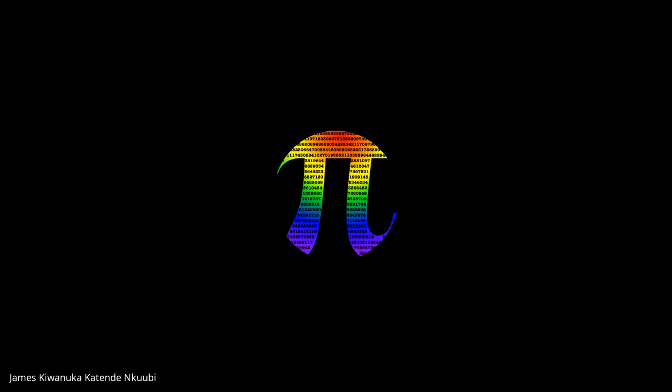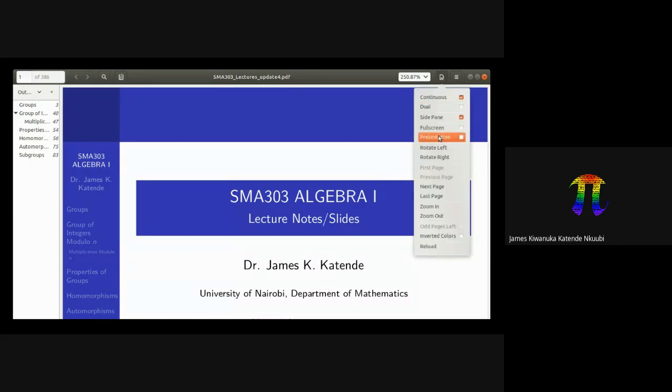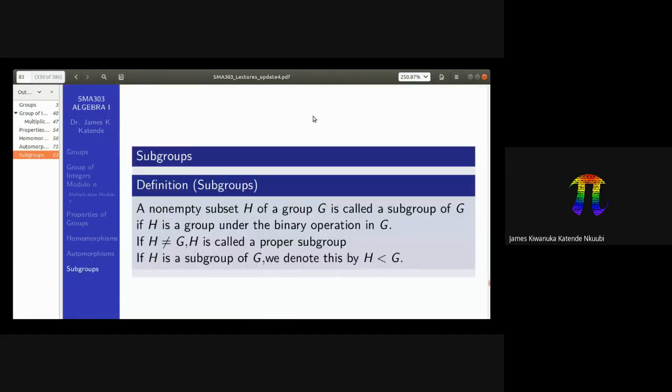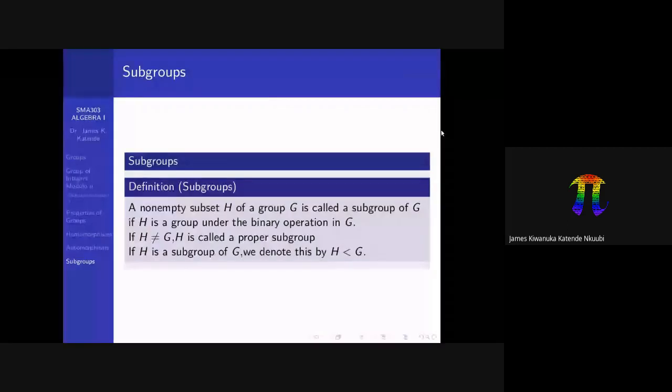If you can't see the screen, maybe you can log in and log out again. Can you see the screen now? Yes, we can see.